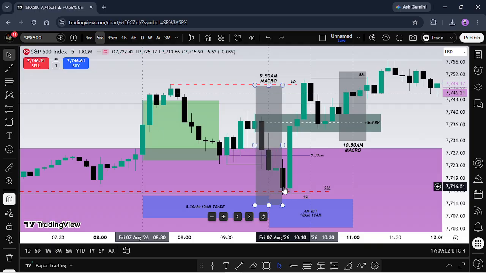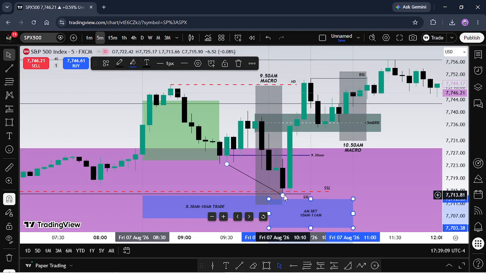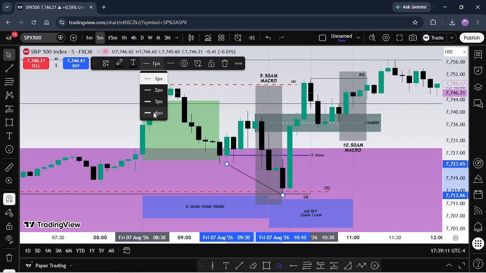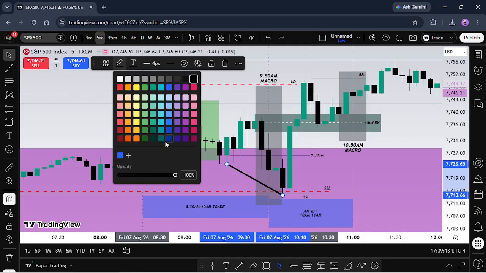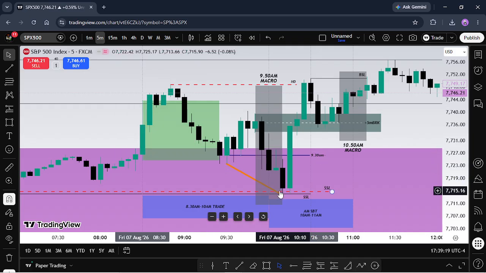Wait, look here. The 930 low is taken, right? And then this, right? Let me make this big. I make it yellow. It is the 930 low and this 950, right?